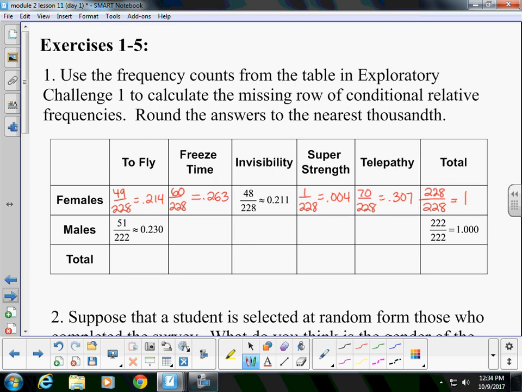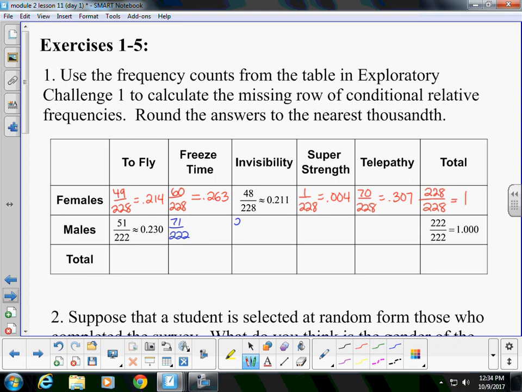Okay, for the guys, they already did the males and flying for us. So this one came out to 71 divided by 222. That's the guys' total down here. And for invisibility, it was 27.